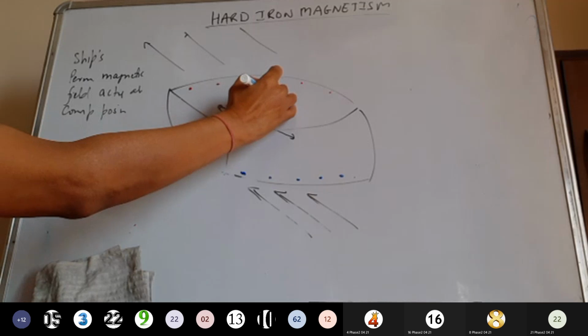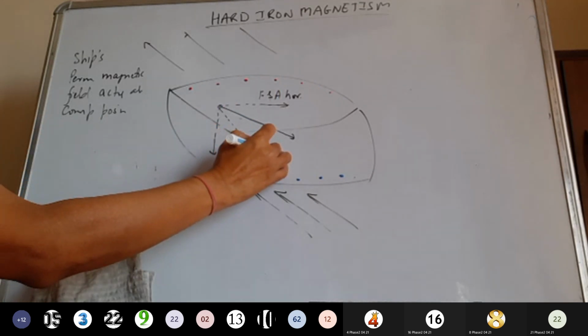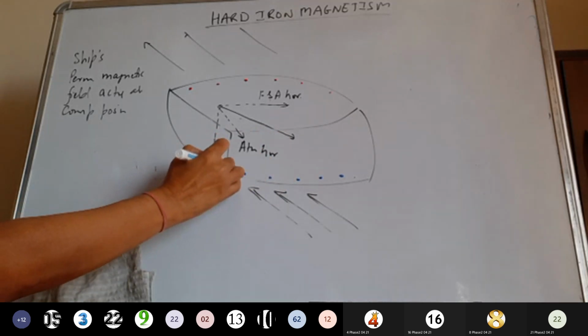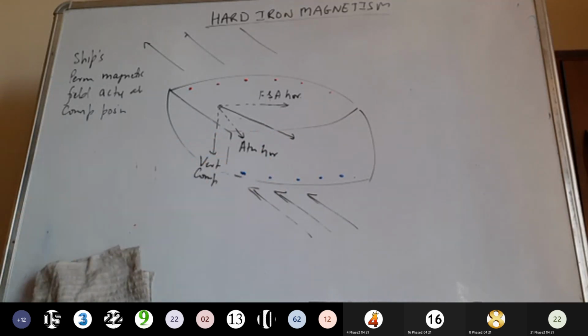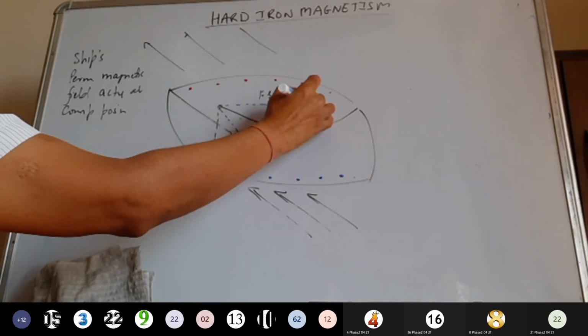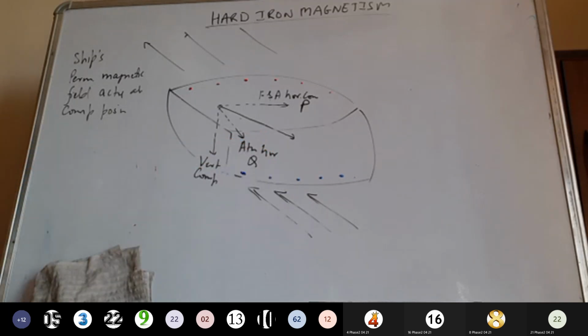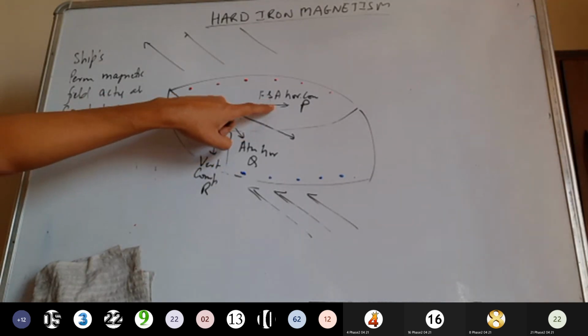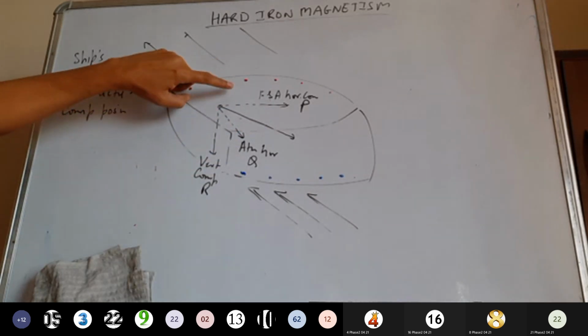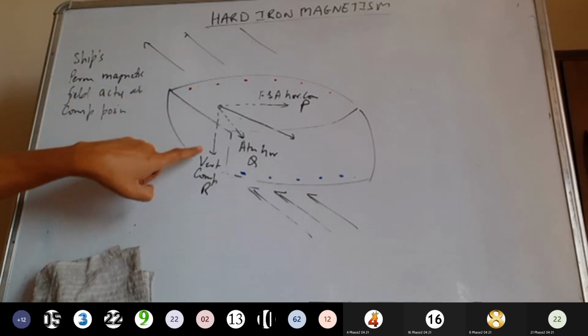This fore and aft horizontal component is called force P. Athwartship horizontal component is called force Q, and vertical component is called force R. So calling fore and aft horizontal component as P, athwartship horizontal component as Q, and vertical component as R.